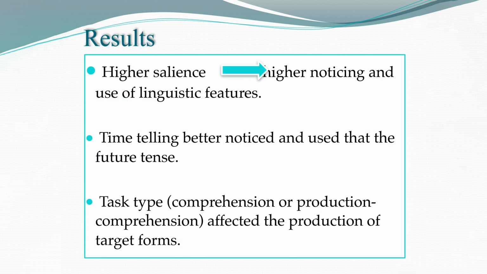Now, the data show that form salience did influence the noticing and the use of the form. For example, time telling, a salient syntactic feature, was more noticed and used by the learners in their speech productions than the future tense, a low salience feature.